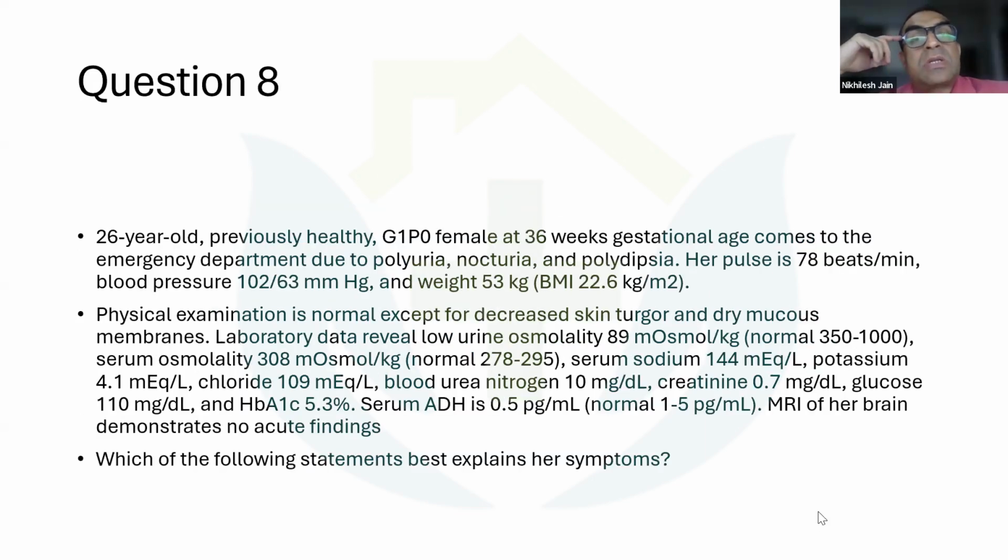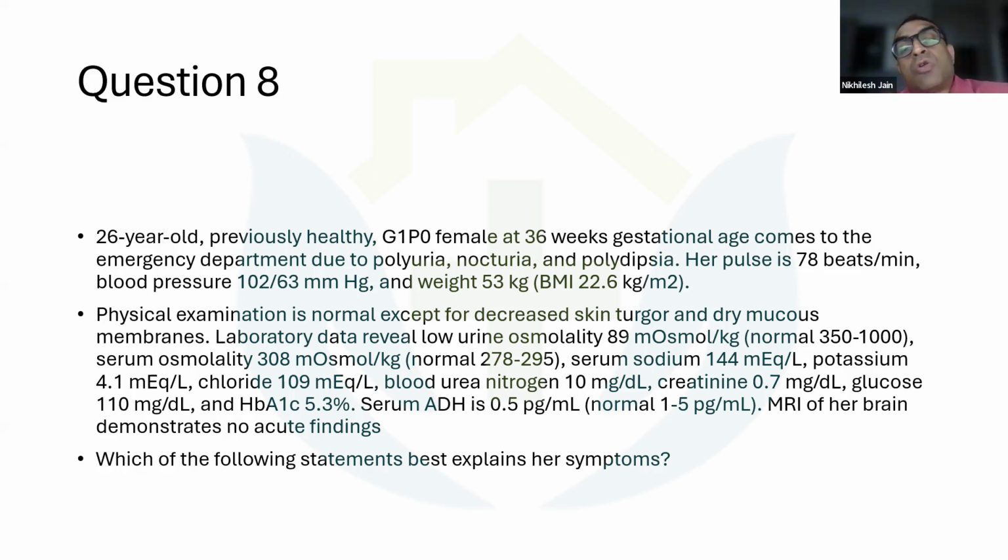So next question. 26-year-old, previously healthy, gravida 1 para 0 female at 36 weeks gestational age, comes to ED because of polyuria, nocturia, and polydipsia. Her pulse is 78 beats per minute, BP is 102 by 63, and weight is 53 kg. Physical examination is normal except for decreased skin turgor and dry mucous membranes.